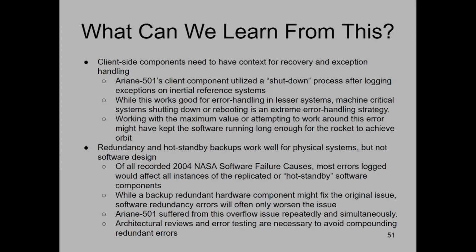Another thing is, again, like we talked about before, these hot standby systems work really well for physical systems, but not for software design. In an evaluation at the time, 2004, of NASA software failure causes, most of these errors logged would be things like logical errors, things that would be internal to the software and would be easily replicated onto all other software.